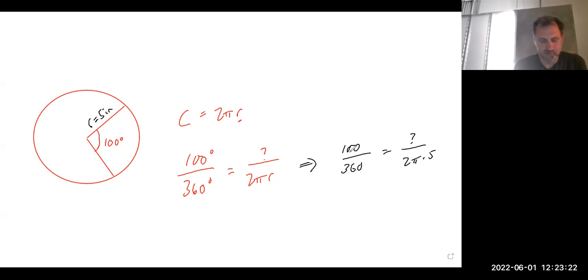Multiply diagonally, divide by the other number. And we end up with 8.73 inches.